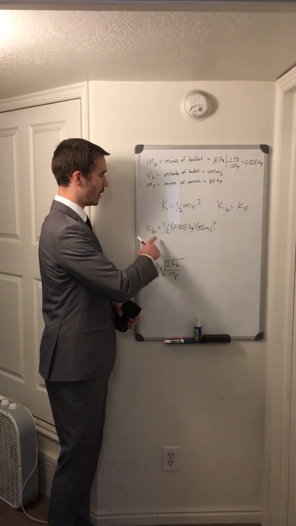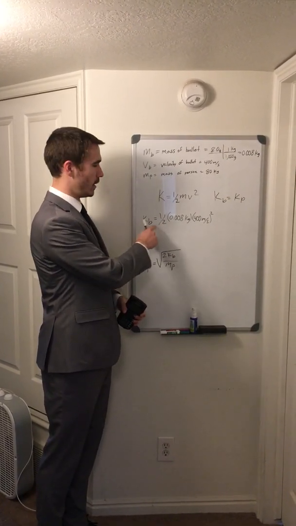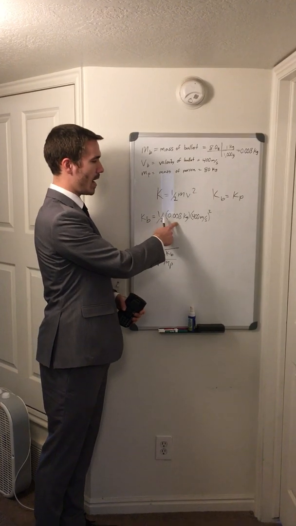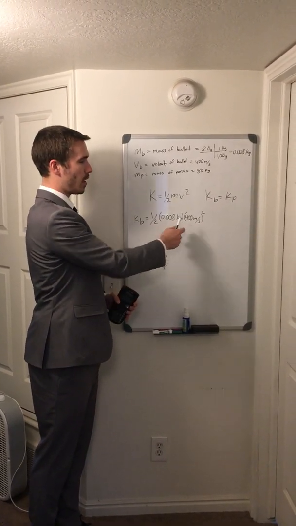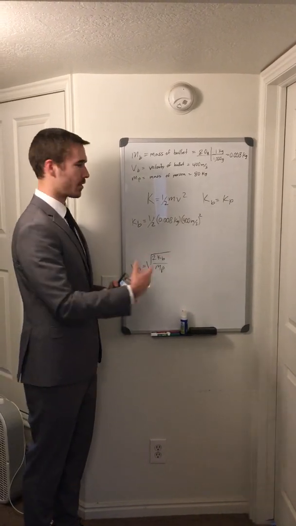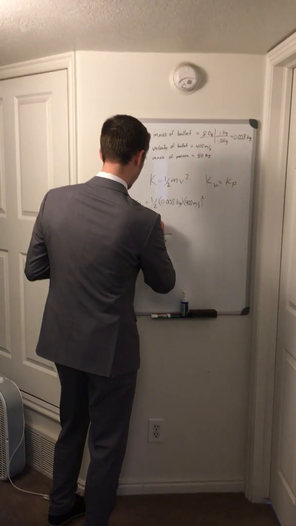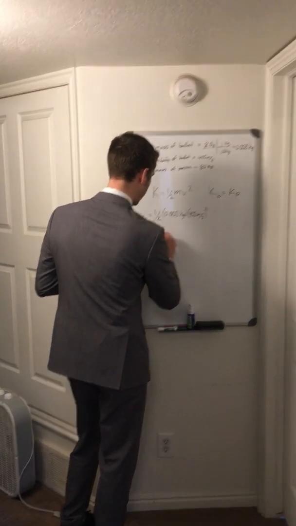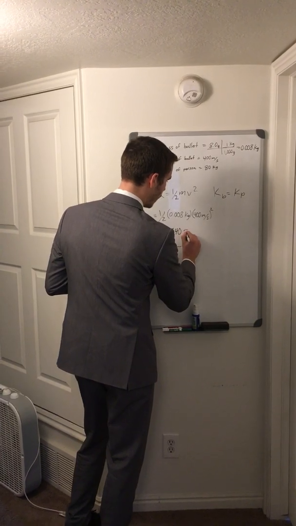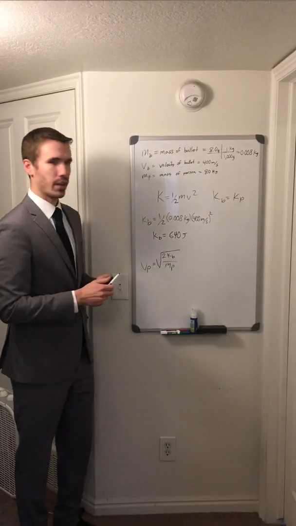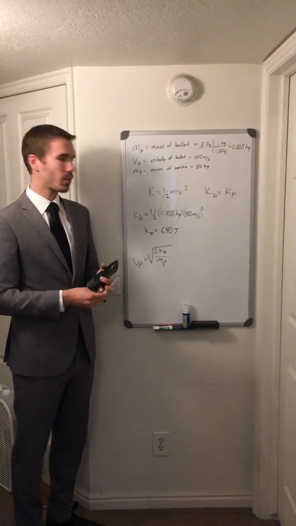So the kinetic energy for the bullet equals 1/2 times the mass of the bullet, 0.008 kilograms, times the velocity, 400 meters per second, squared. Once we do that calculation, we get that the kinetic energy of the bullet is 640 joules, because the units for joules are kilograms times meters squared divided by seconds squared.